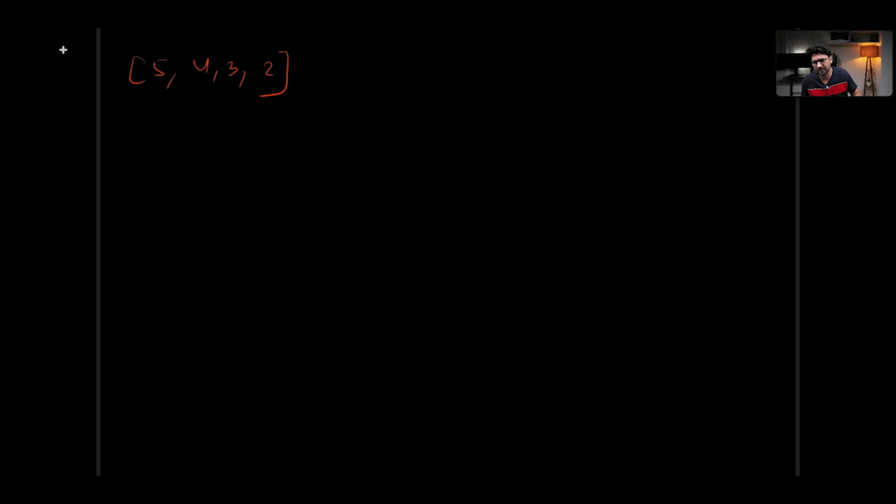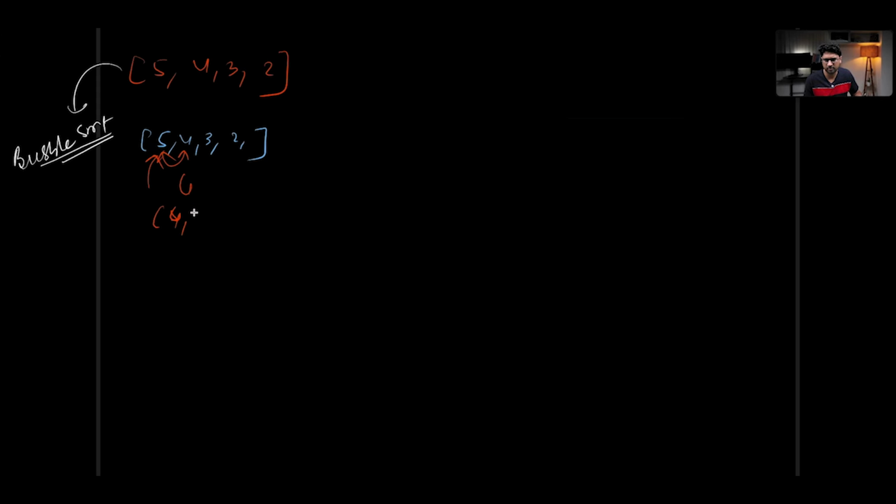Now if I apply bubble sort to this, what will happen? I always start from the first element and compare the first two elements. If the left is more than the right, I swap. So this becomes 4, 5, 3, 2.